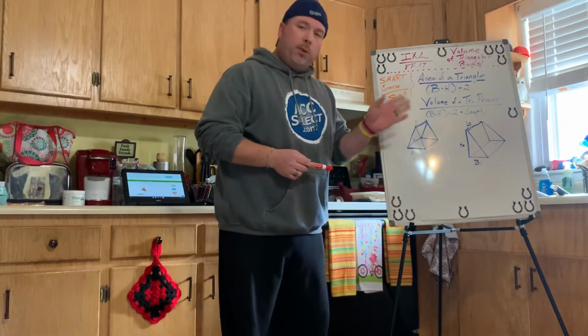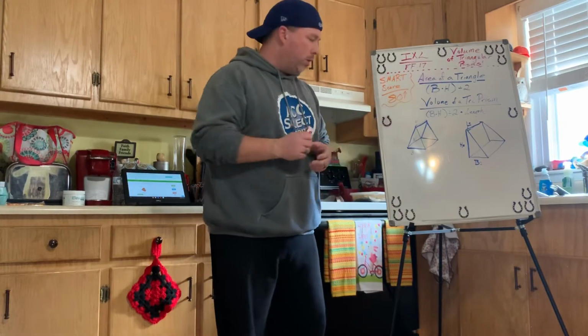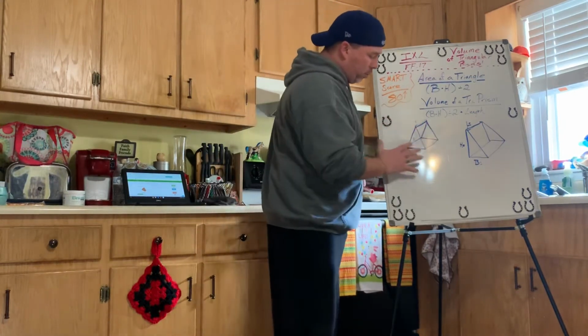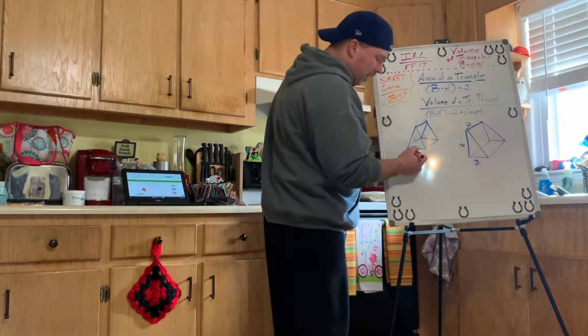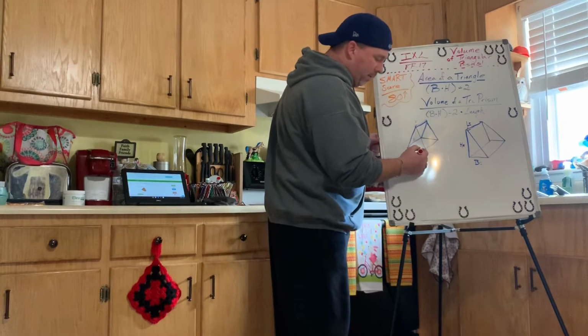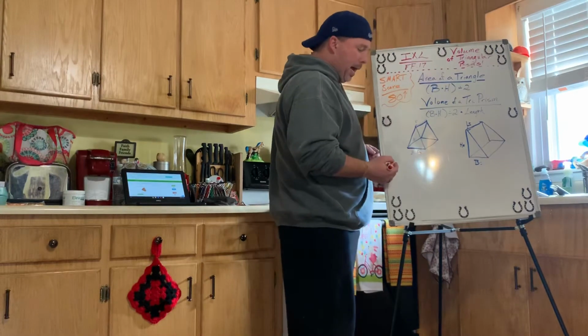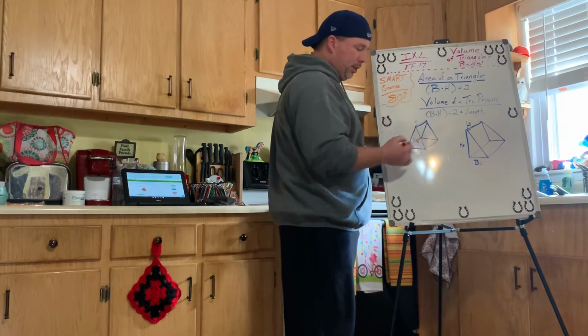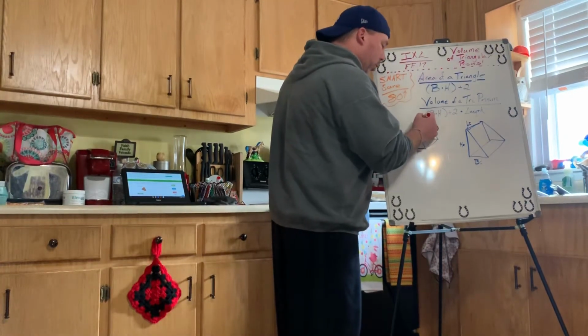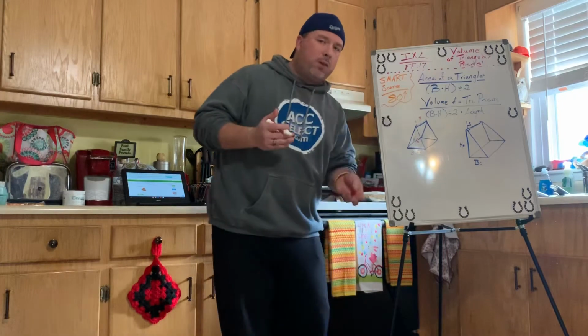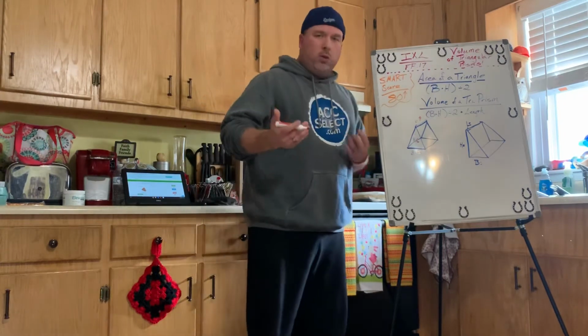So I've given you a couple of examples here just to kind of show you. For example, here is a triangular prism. Now let's say that this prism itself has a base of 5, a height of 6, and then let's go with a length of 4. Okay, now of course I haven't done units on this. We can use any units that we like.